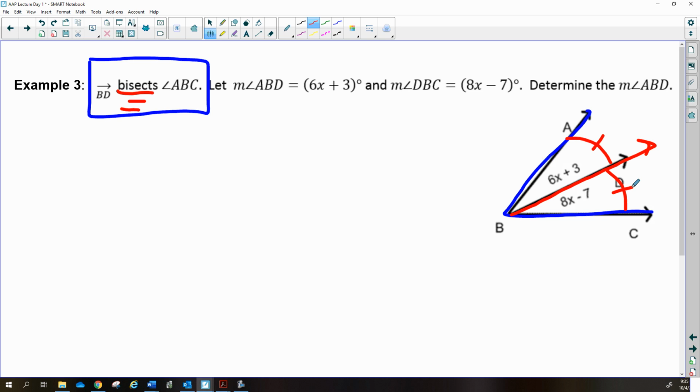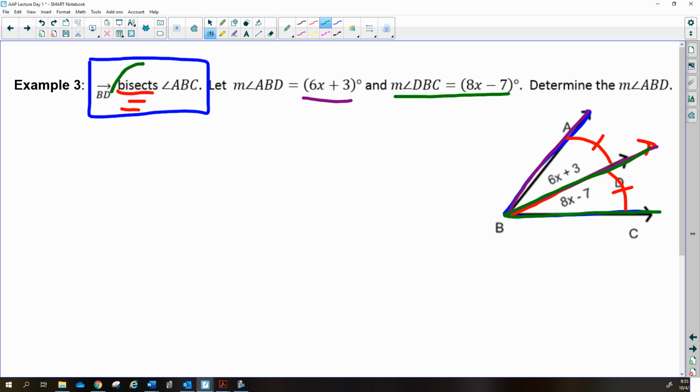Now it said after that, that I'm going to let this angle right here that I'm highlighting in purple have a measurement of 6x plus 3. I'm going to let my other angle, DBC, this angle right here that I'm highlighting in green, be 8x minus 7.